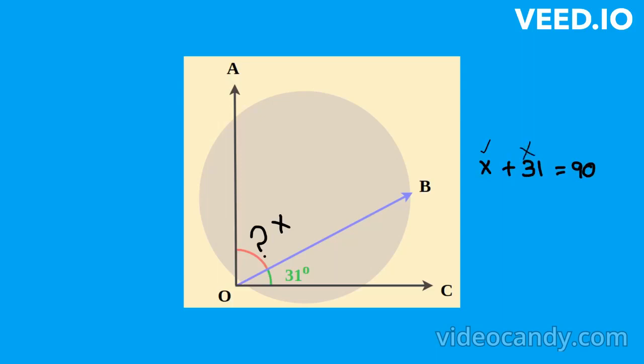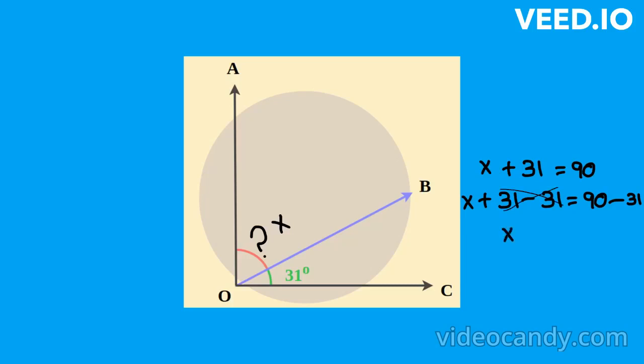So to get rid of that, let's do minus 31 on both sides of the equation. So x plus 31 minus 31 is 90 minus 31. So plus 31 and minus 31 get cancelled out. So we are left with x on the left hand side.